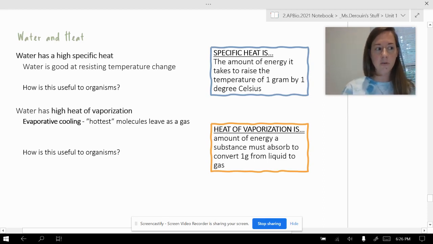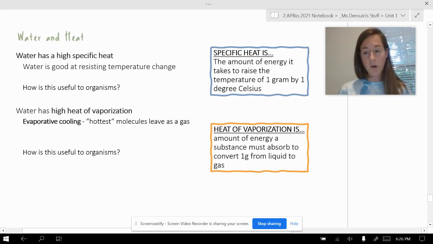This is something that you probably have witnessed if you have gone to the beach, either early in the summer where it's a hot day outside, but the water's still really cold. Or if you've gone to the beach pretty late in the fall, like in October, it's cold outside, but the water's still really warm. So that's just one example of how it takes a long time for water to change in temperature because of its high specific heat.